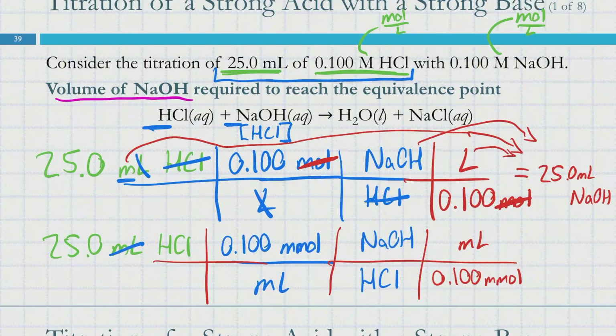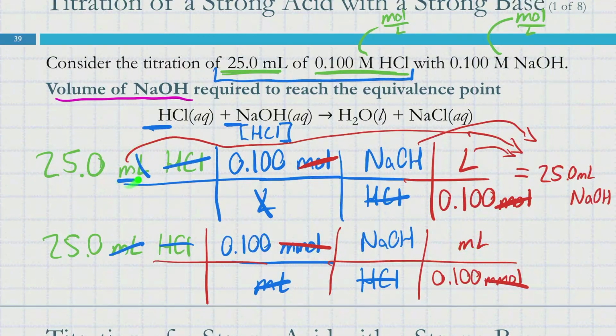So our milliliters cancel. We would have millimoles, we'd have millimoles later as well, and our HCl's cancel out at some point. So then we have milliliters on the back end.